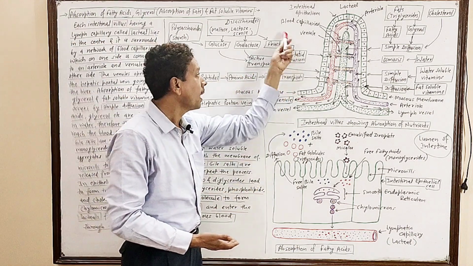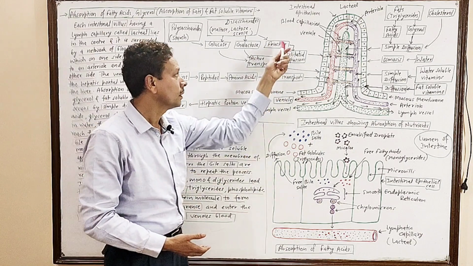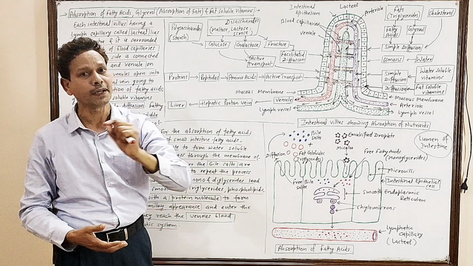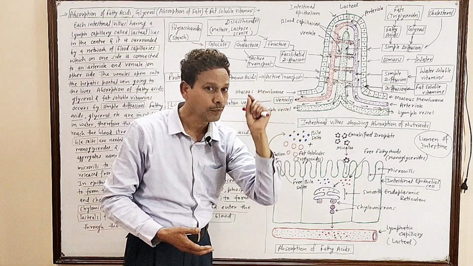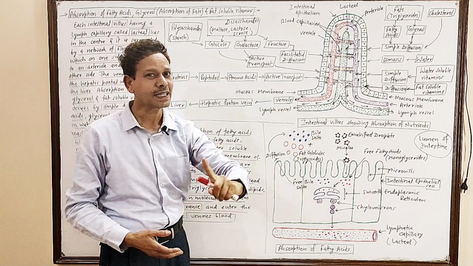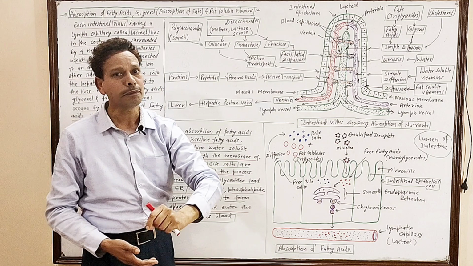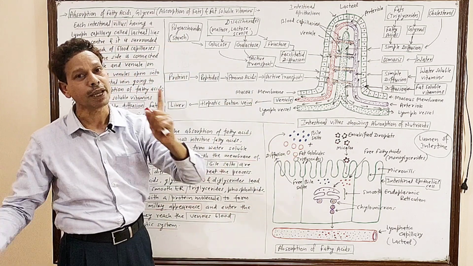But the absorption of fructose, a simple sugar, occurs by facilitated diffusion, in which a carrier molecule is involved, but this carrier molecule doesn't require metabolic energy. In active process, the carrier molecule always requires metabolic energy, ATP.